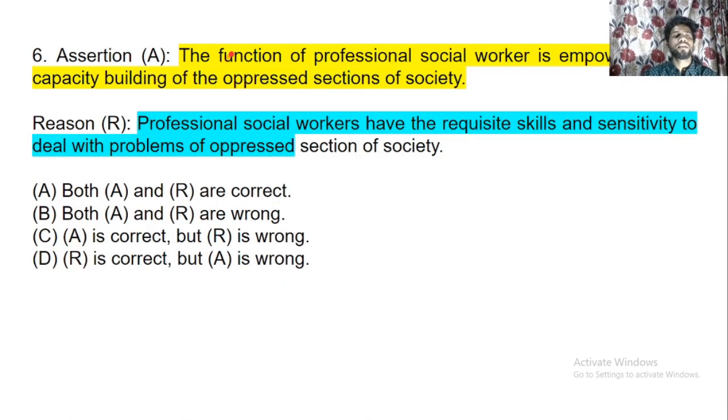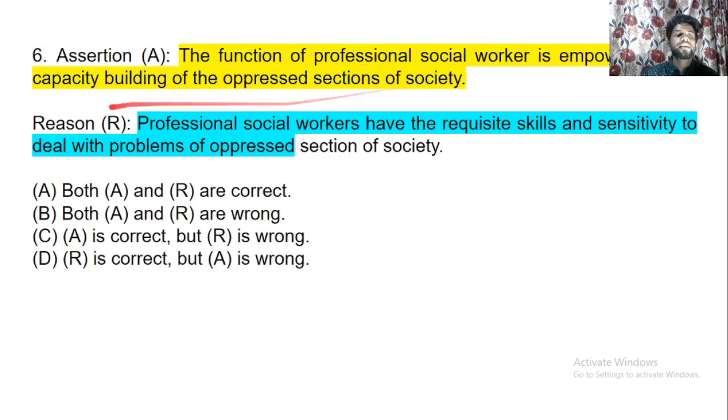Now next question: the function of professional social workers is empowering and capacity building of the oppressed section of society. So yes, our function is empowering and capacity building of the oppressed section, that is, capacity building and empowering of the oppressed person is the responsibility or function of social workers.